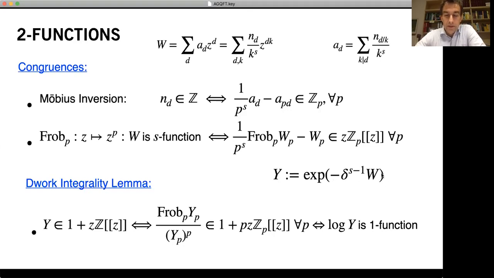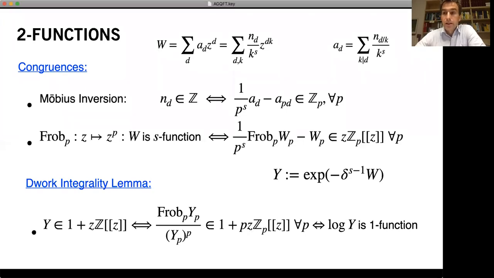It relates to our W's, because you take this exponential of the one function. Okay, so you call this y, and the Dwork integrality lemma is actually just the first of these statements. So you have a power series with 1 as constant coefficient, and then it's equivalent to this condition for all p, that the tail is divisible by p.